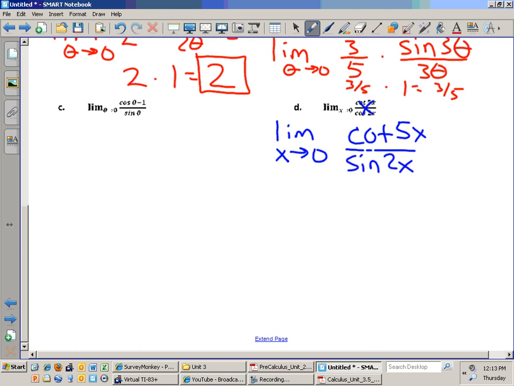Why can't we just plug in 0 and define this? You would get 0 in the denominator because sine of 2 times 0 would be 0. The sine of 0 is 0. So we can't plug in 0 in this situation. So we need to work this out a little bit differently. So I'm going to use some of my trig identities. What is cotangent the same as? Also written as cosine over sine. So I'm going to rewrite this.